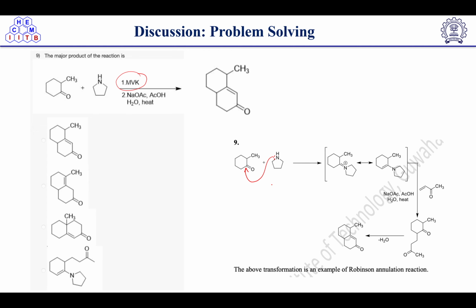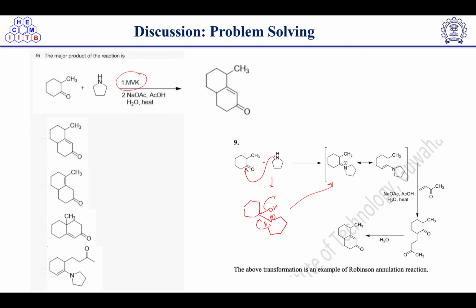Okay, and it will get open, then knock out to give the product, this one. Then after getting this intermediate, these two are resonance structures of each other, so both are stabilized.